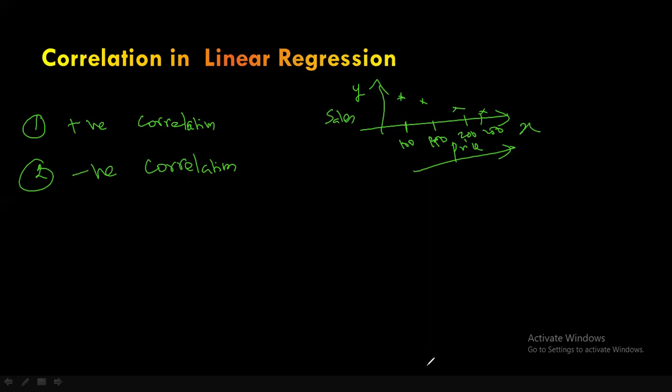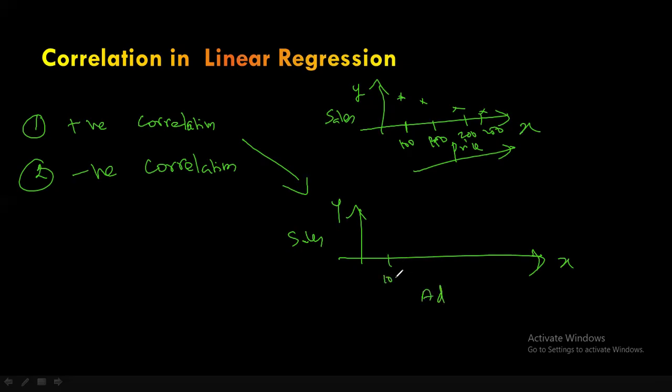What is the example for positive correlation? Same thing, but this time I put the sales in the y-axis, and in the x-axis I put advertisement. I spend initially $100, and then $200, $400, and $800.